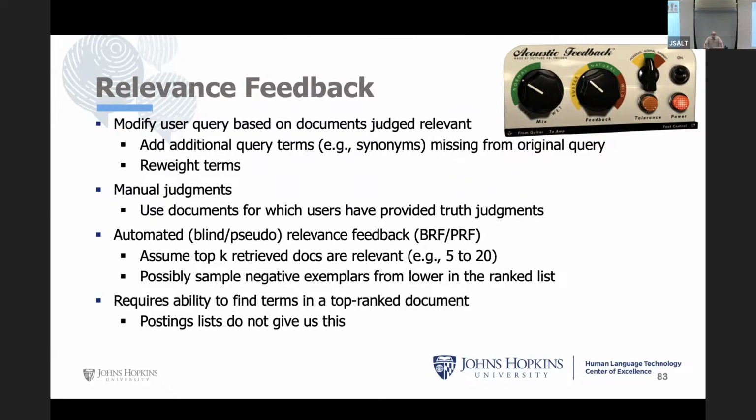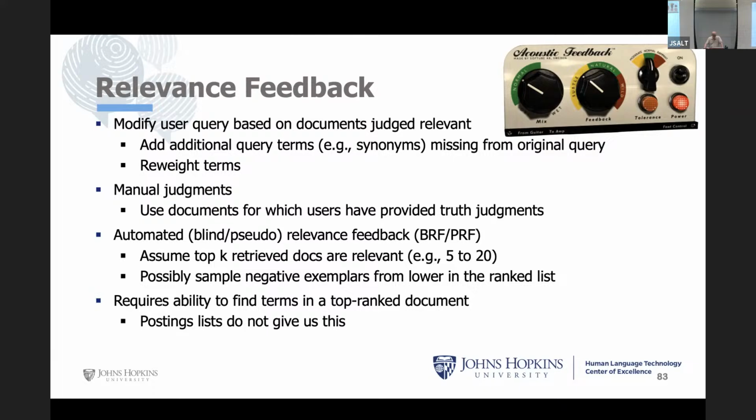You'll see all three terms in the literature. And what you're doing here is you sort of abstract away the user and say, oh, I do a retrieval. Oh, these top documents, they must be relevant. Let's pretend they're relevant and do relevance feedback. Okay. So this is, again, a two-phase thing where you're doing the query twice, but you don't have a pesky user in the middle slowing things down.